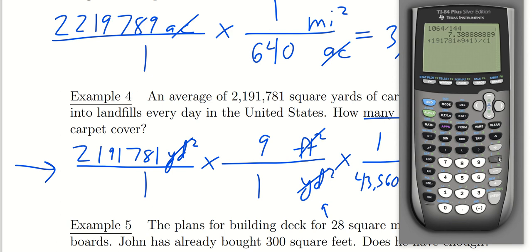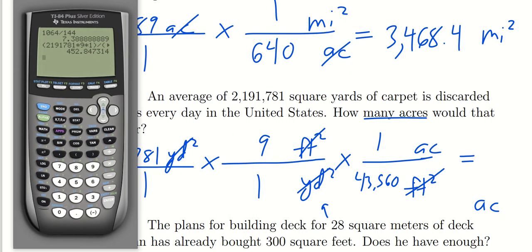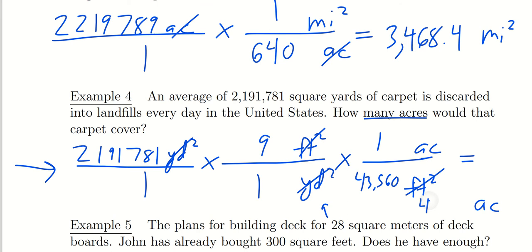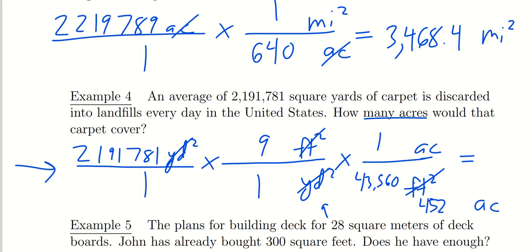So 1 times 1 times 43,560. Hit enter. That would give us a final answer of about 52.8 acres.